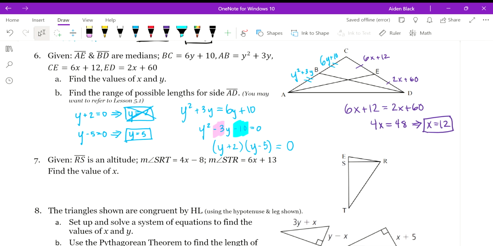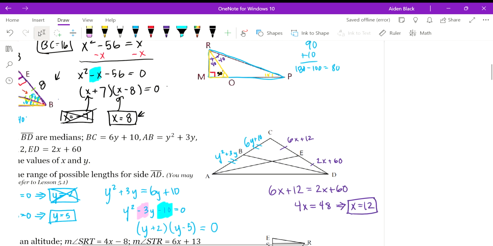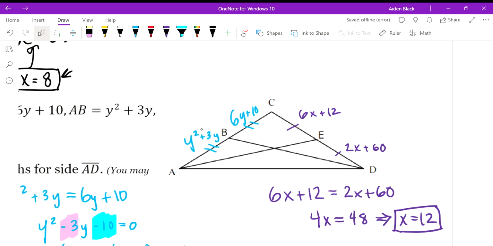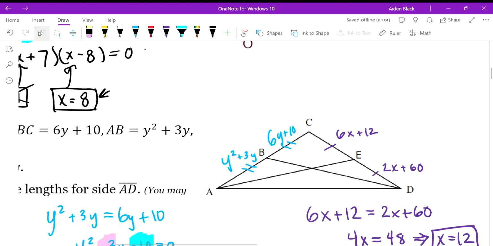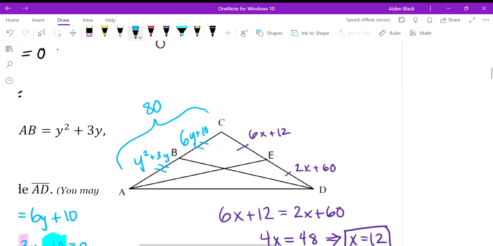It says find the range of possible lengths for side AD. So that means I got to plug this in. Y we said was 5. Yeah, y equals 5. So this would be 30 plus 10, which is 40, which means this whole length here, I said 40, right? Yeah, so this should be 80.